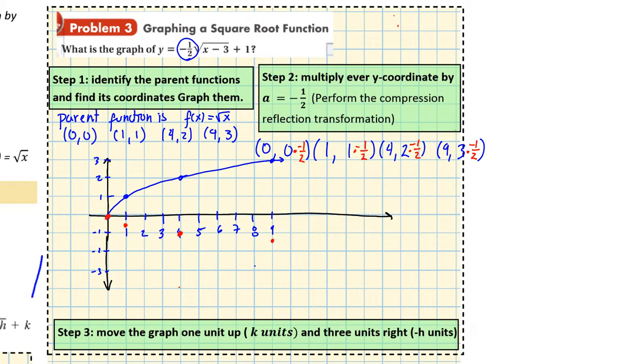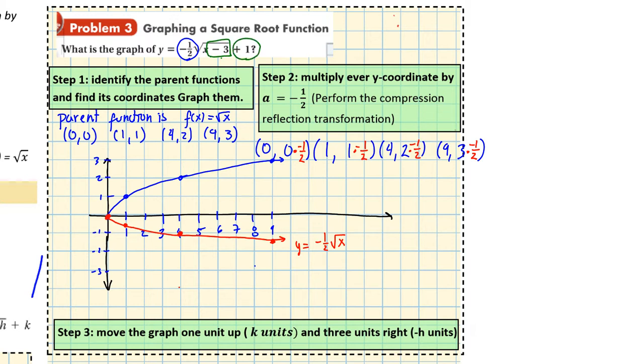So far we've done the second step. And this is just y is equal to negative 1/2 square root of x. Now the last step is to move it up and down, left or right, depending on how many units we have here and here. One of them moves it left and right, the other one moves it up and down. But we're going to do it both together.